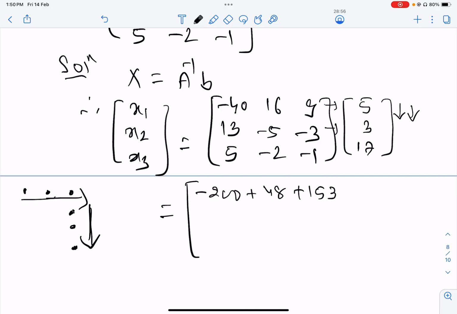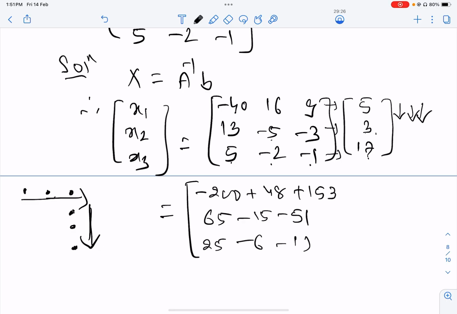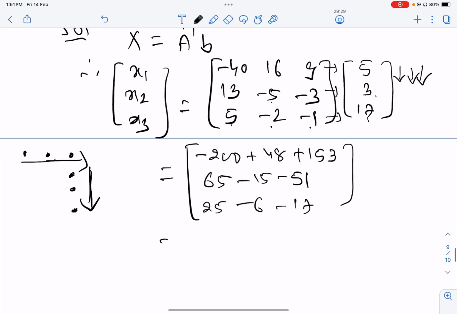So 13 into 5 equal to 65. Then minus 5 into 3, minus 15. Then minus 3 into 17, minus 51. Now third row and this column. So 5 into 5, 25. Minus 2 into 3, minus 6. Minus 1 into 17, minus 17.